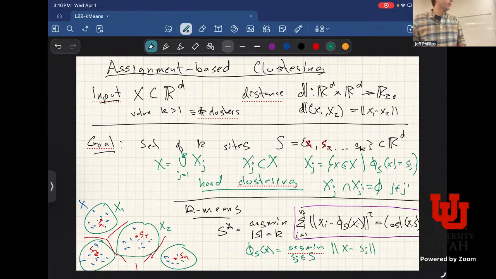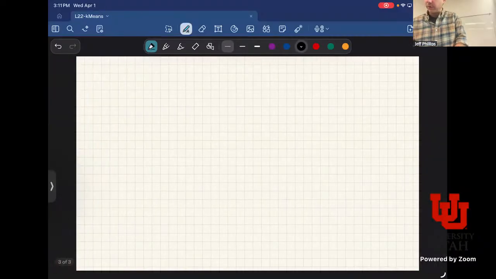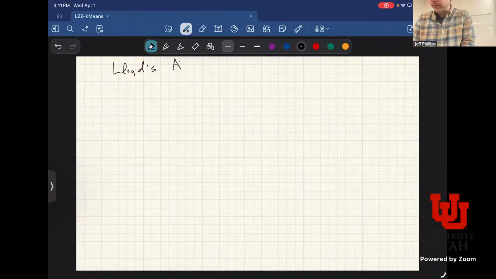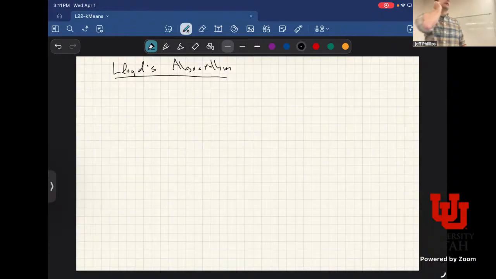Okay, so the question now we want to ask is, how do we solve for this kind of optimal S star, right? And there's going to be a new algorithm we'll talk about called Lloyd's algorithm. If you're in an algorithms class, you're going to learn that you're given an input, and you're given what an output has to guarantee to be.